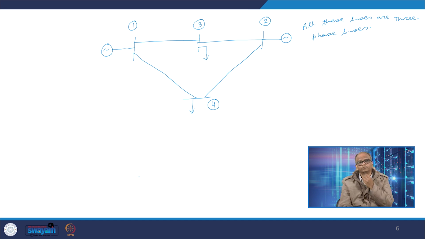So at bus 1 and bus 2 there are 2 generators, and at bus 3 and bus 4 there are loads.